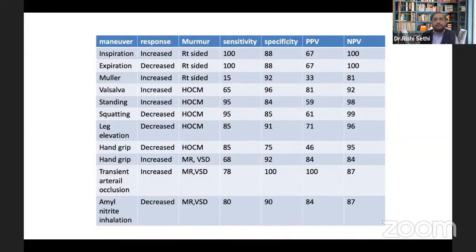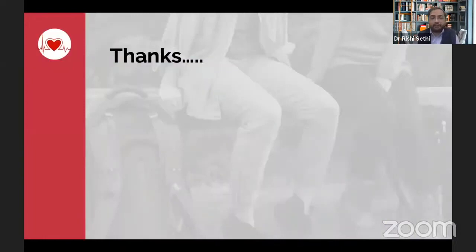Valsalva is a little highly specific, but its sensitivity is very low. The only tests with high sensitivity, specificity, and positive and negative predictive values are inspiration and expiration, in which right-sided murmurs and heart sounds are affected more than the left side. So apart from inspiration and expiration, it's very difficult to base your entire examination on dynamic auscultation. And that's how I would like to end today.